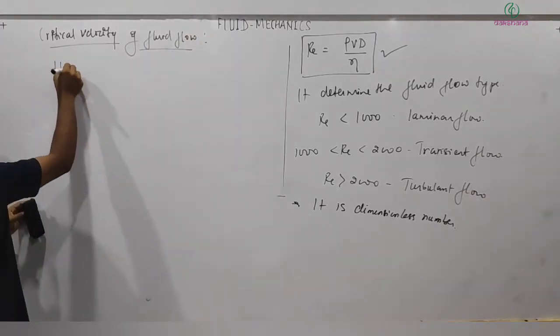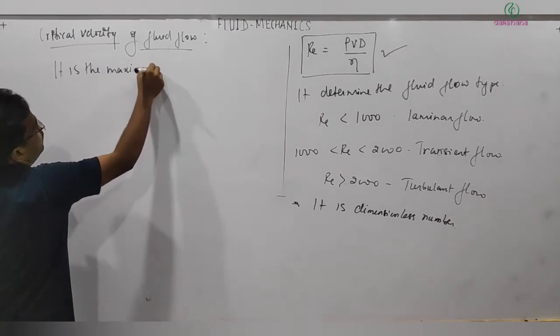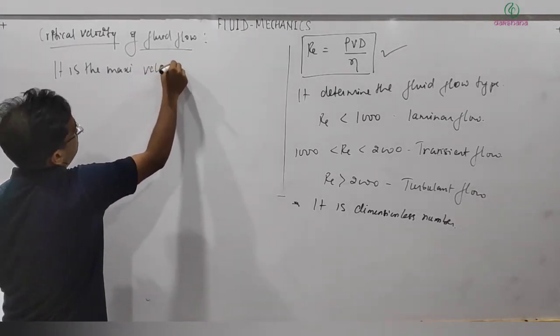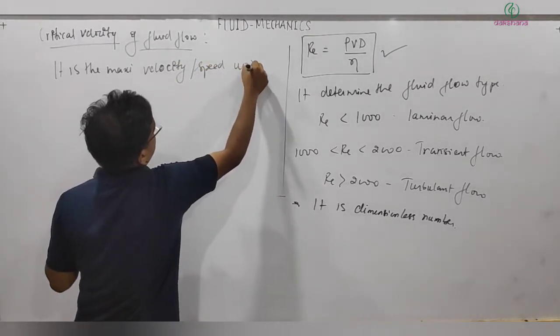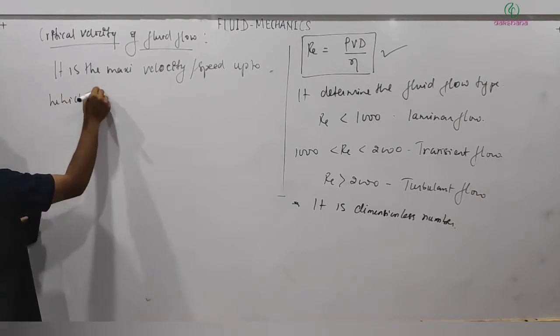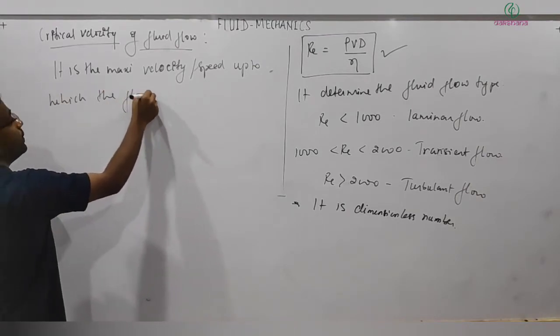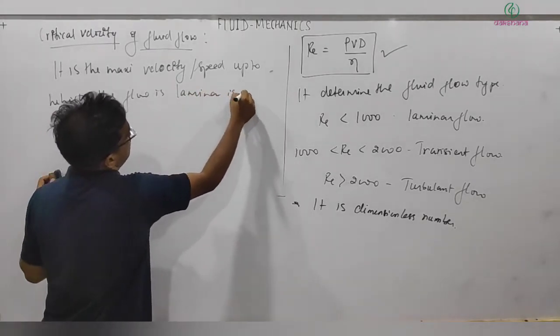It is the maximum velocity, or you can write speed also, up to which the flow is laminar.